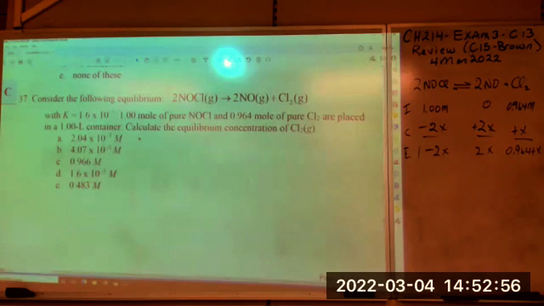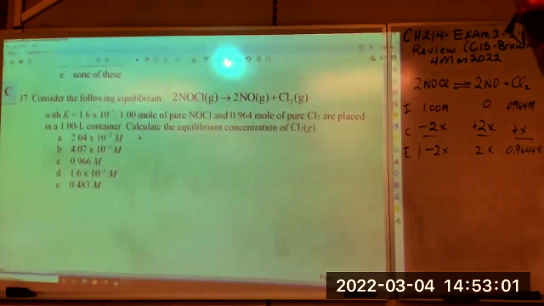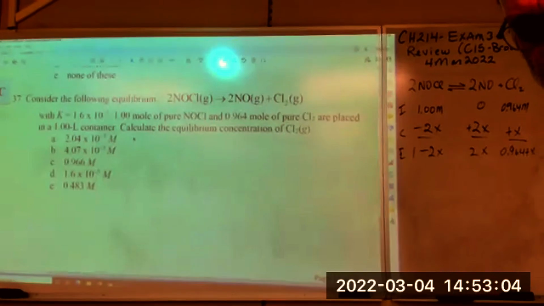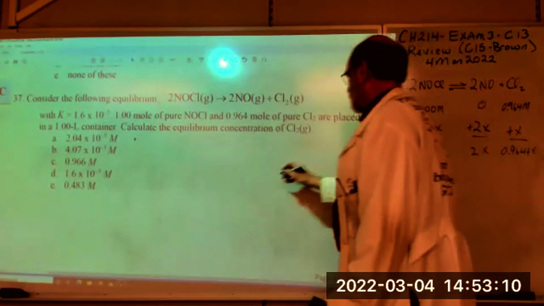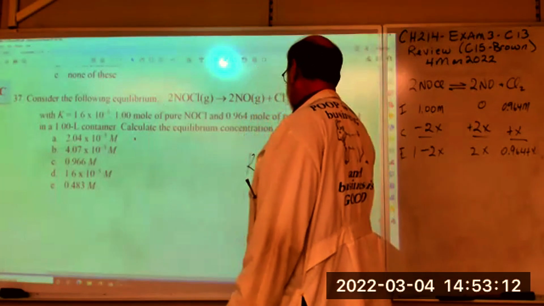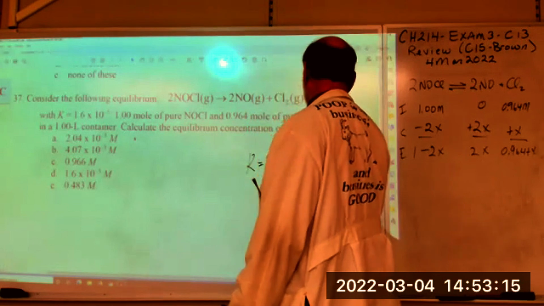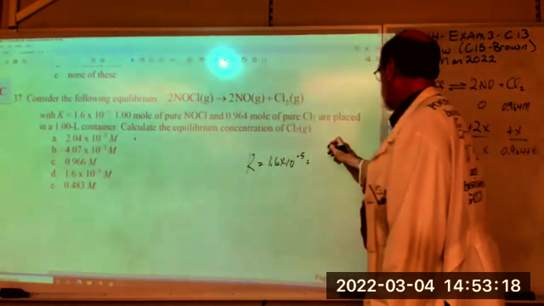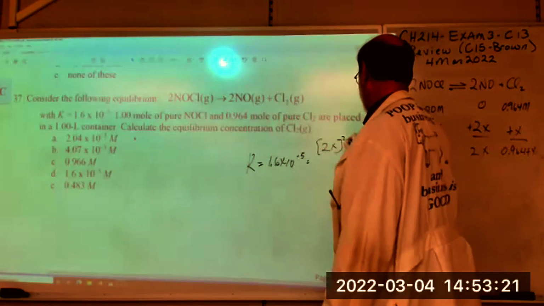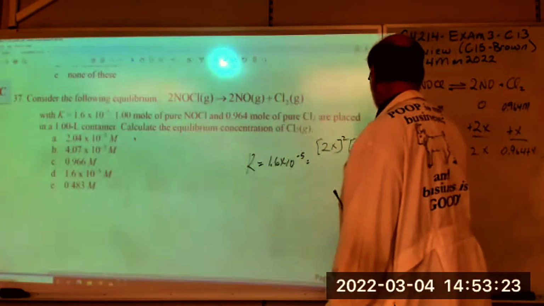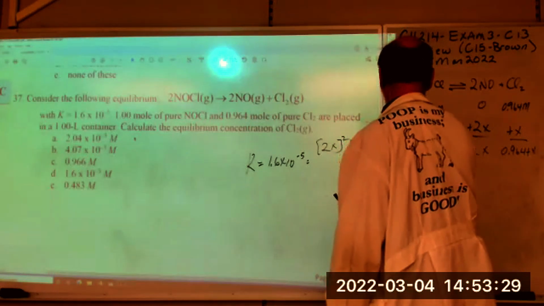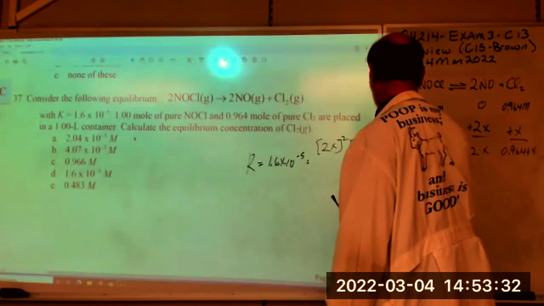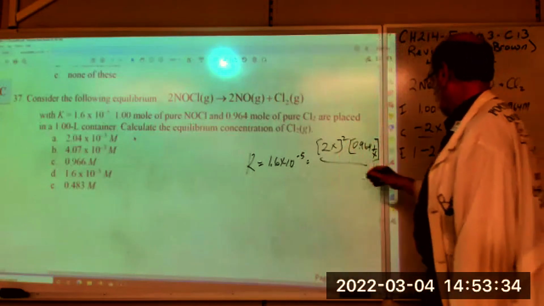Still on camera, barely. There we go. Okay, so if we set it up here, 1.6 times 10 to the minus 5 equals this one squared, this one to the first power, plus X, divided by this one squared.